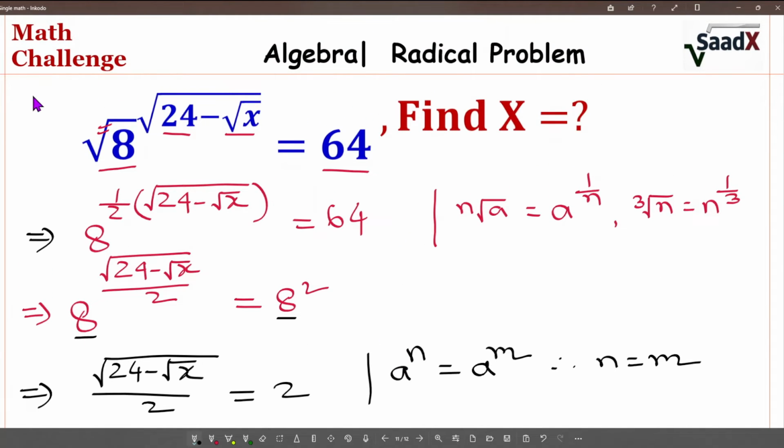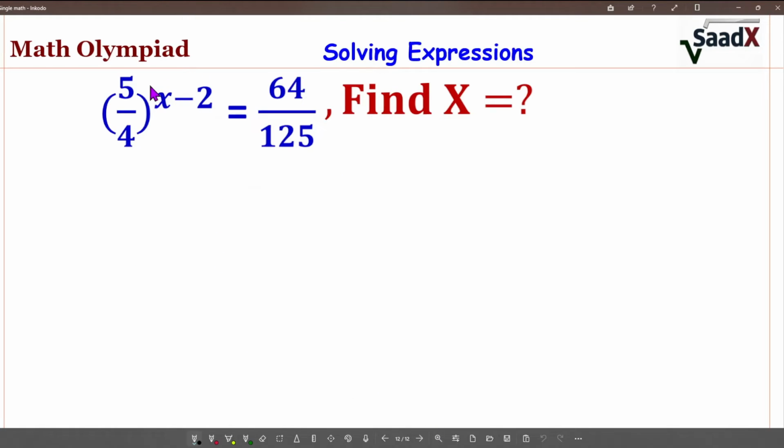So first one done. Second one, which is (5 by 4) to the power x minus 2 equals 64 by 125. We will find x. So both sides, left and right, we have to make a common thing.